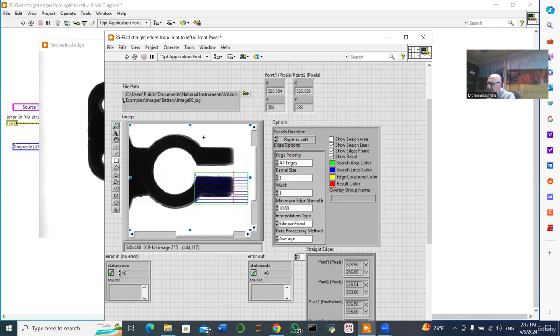Let us try to find in this area here, and we draw. We didn't find an edge here. Straight edge, no. So the answer is 0, 0, 0, 0. There is no continuous line as an edge here.